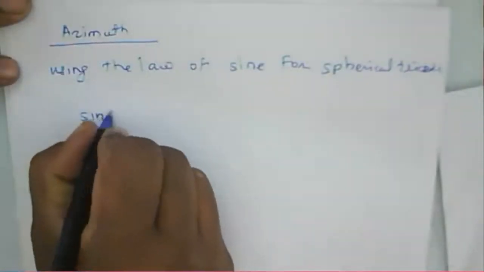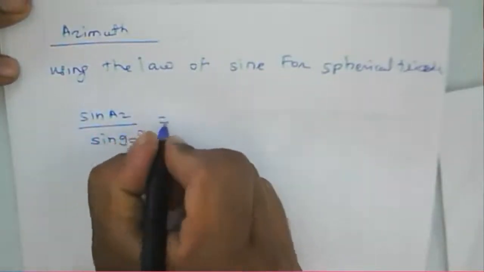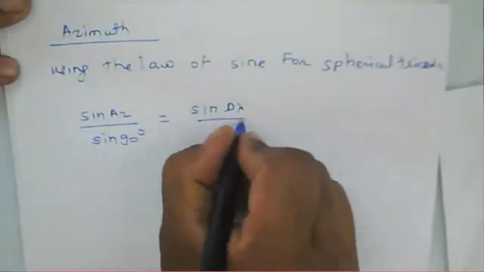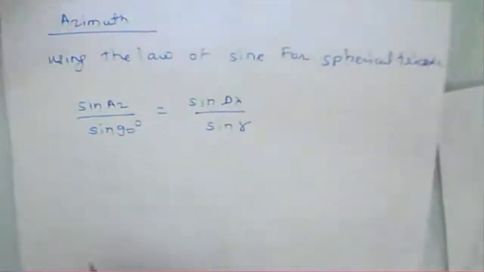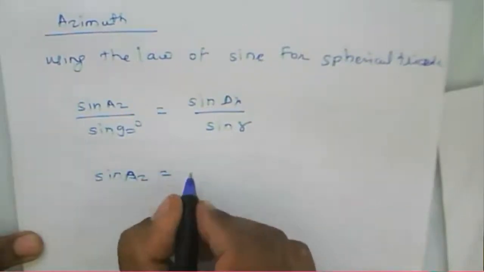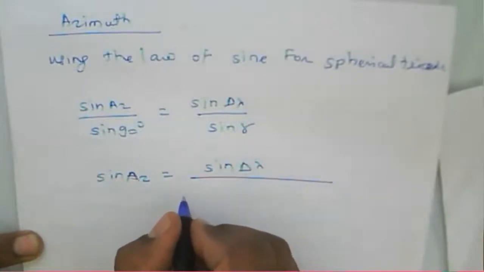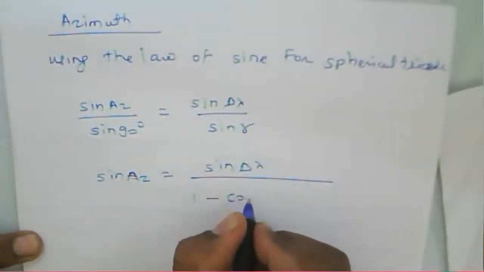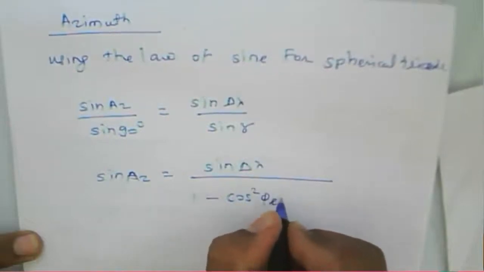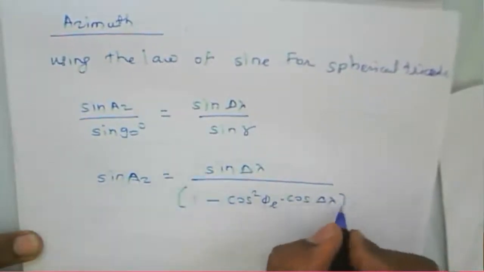In that case, we can find out sine of az, that is the azimuth, sine of 90 degrees is equal to sine of delta lambda divided by sine of this particular gamma here. And we calculate the sine of az, that is azimuth, is equal to sine of delta lambda divided by the square root of 1 minus cos square phi e into cos of delta lambda.